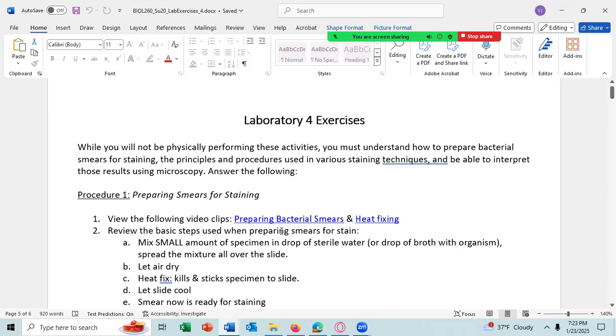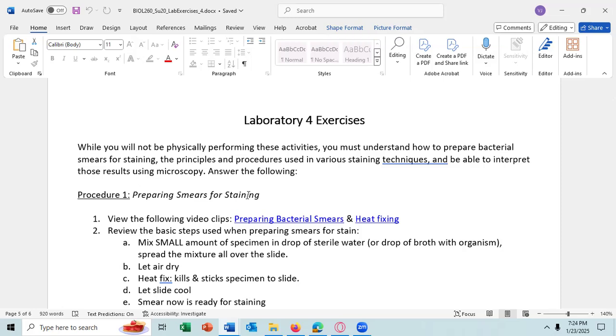We have some video clips for you to watch on preparing a bacterial smear, and then later a video on air drying and heat fixing. These steps go through the procedure for making a smear. Let me reiterate that a smear is something you do before applying any stain.